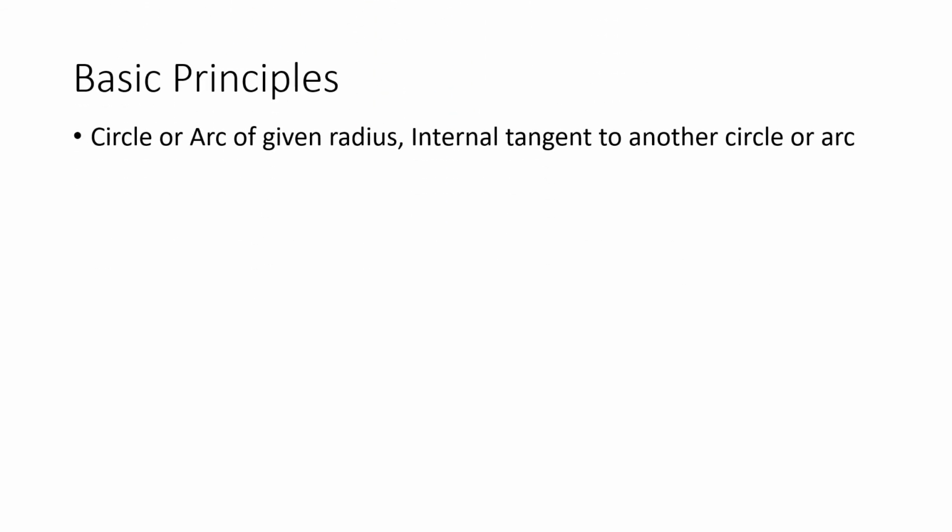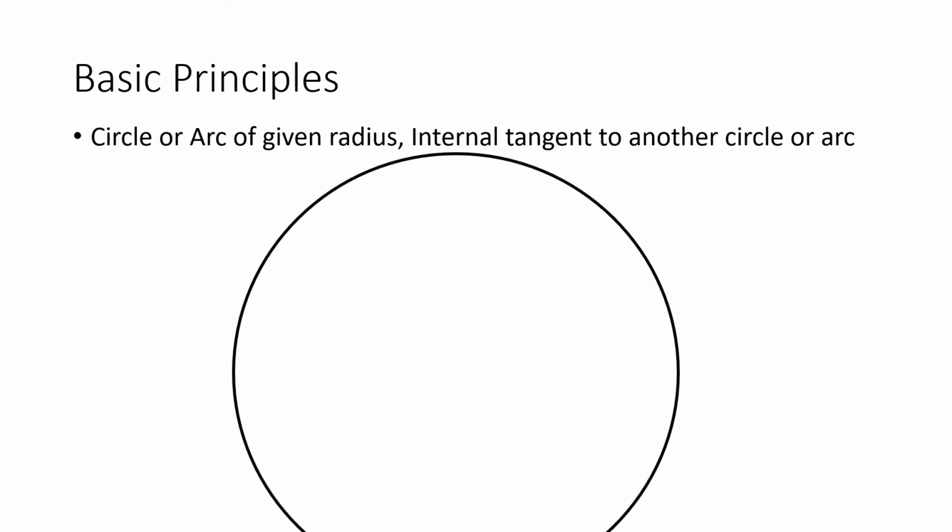Now we're going to be looking at the internal tangent. So we have a big circle of radius big R, and we have another circle that's inside that circle. Then we're looking at an internal tangent.